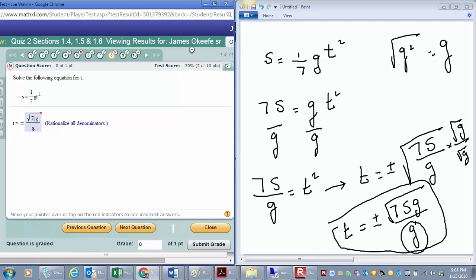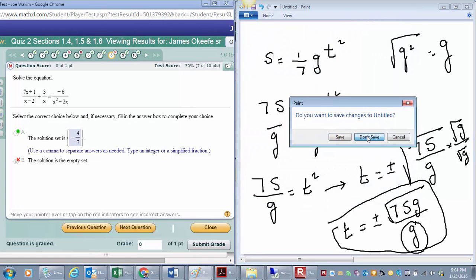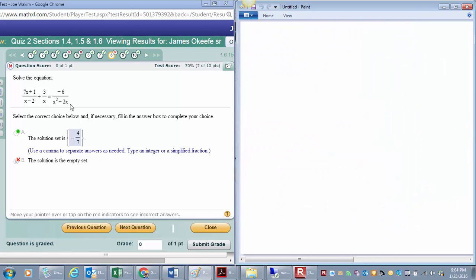All right, number 8. On number 8, I need to solve, and I have a rational equation here, so I have to take the common denominator and multiply everything by the common denominator.